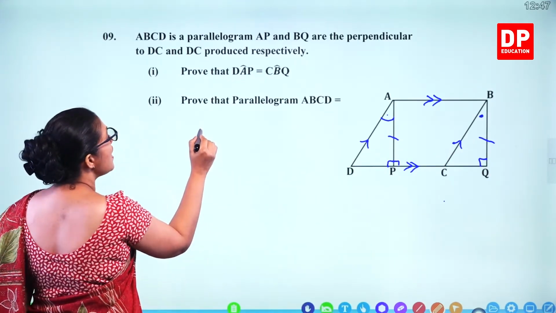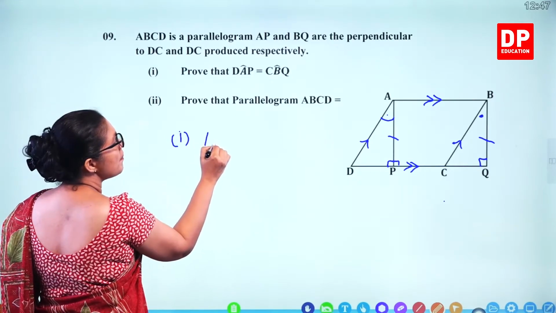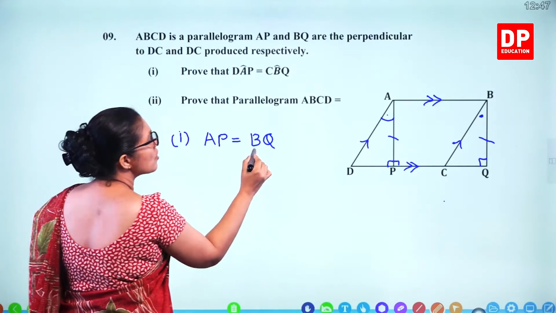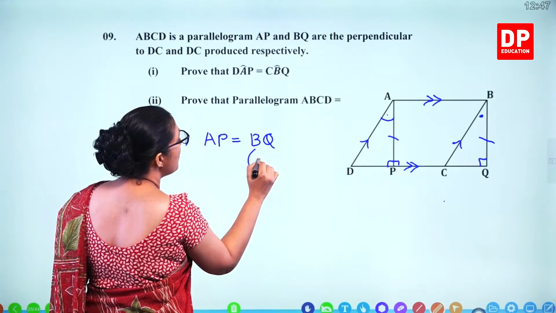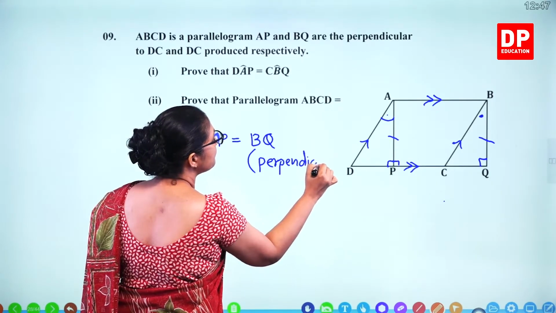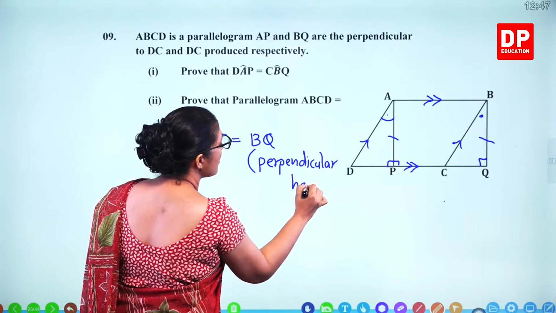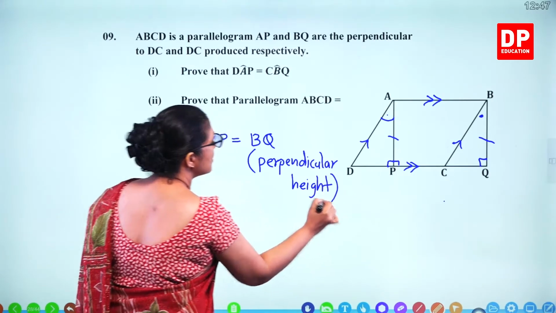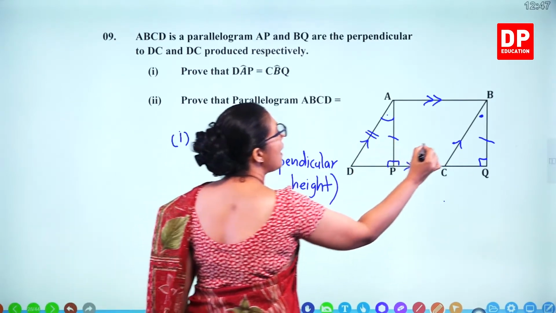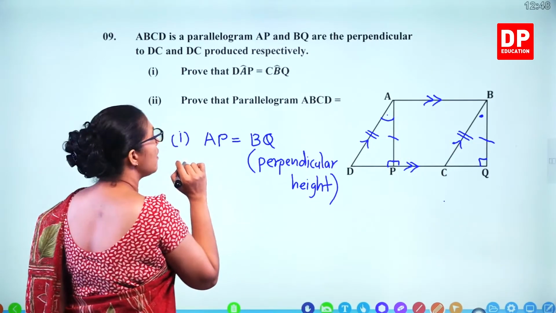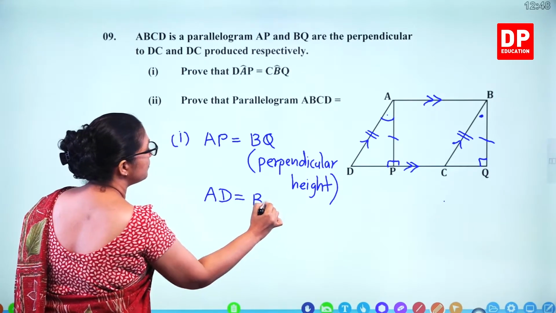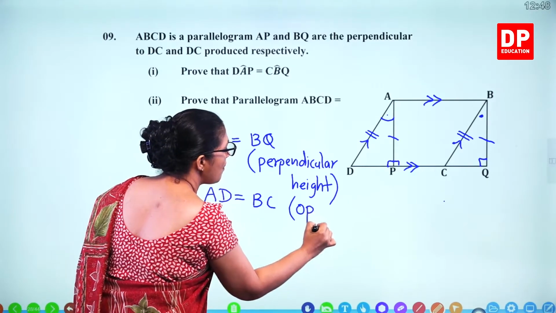So we can write AP is equal to BQ because of perpendicular height. And also we know opposite sides of a parallelogram are equal, so these 2 are equal. AD is equal to BC, opposite sides of a parallelogram.